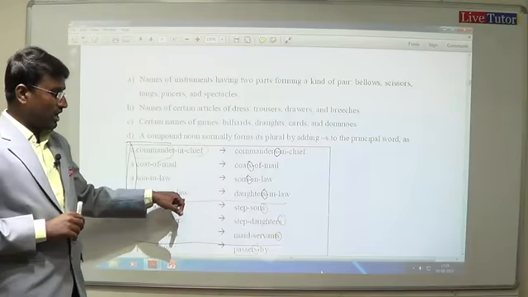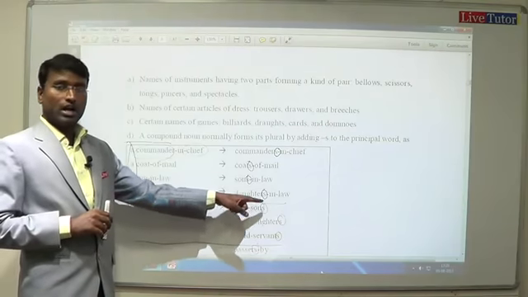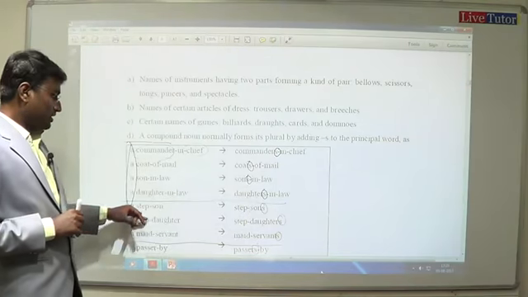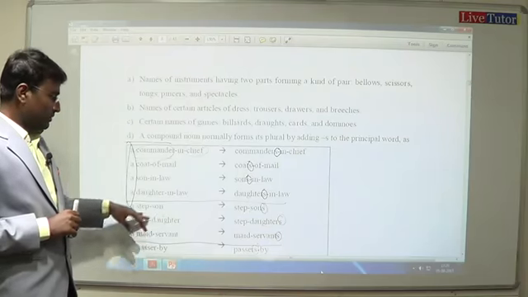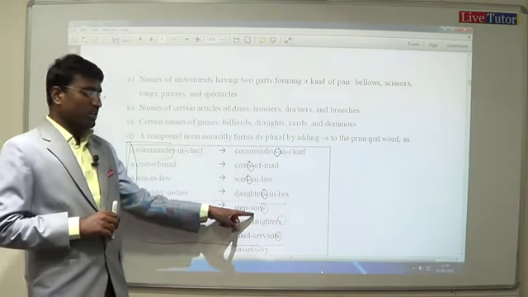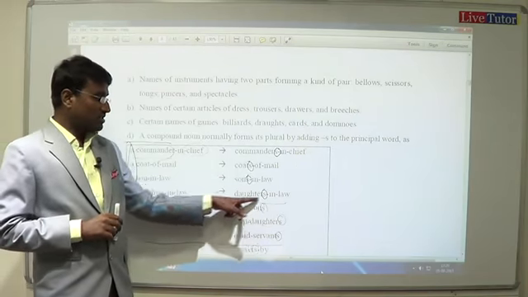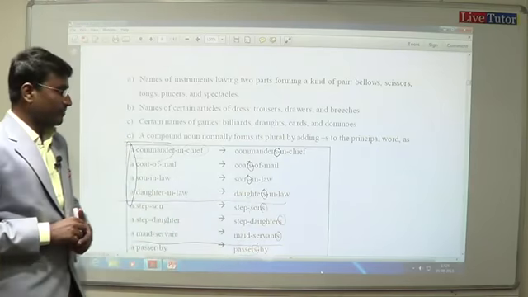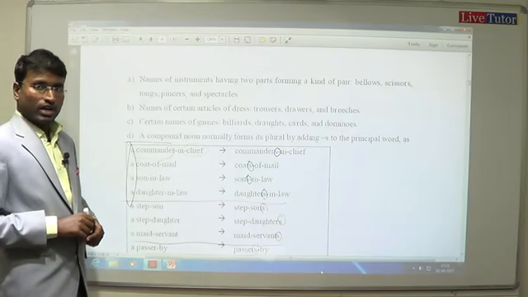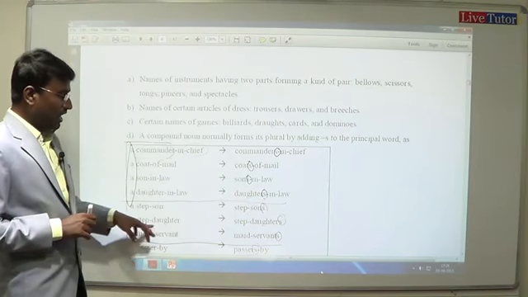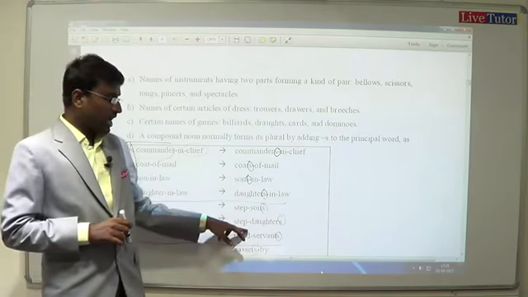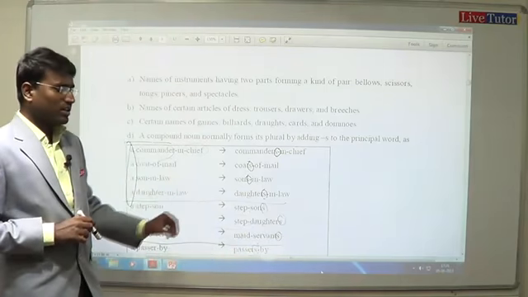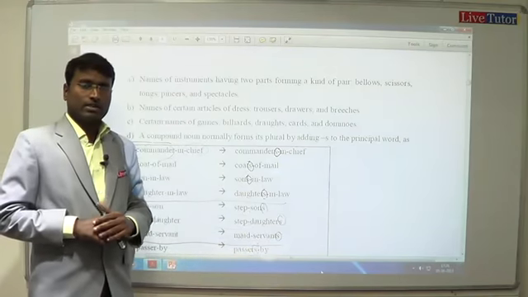A daughter-in-law becomes daughters-in-law. A stepson becomes stepsons. A stepdaughter becomes stepdaughters. See, only concentrate on the noun part of it.